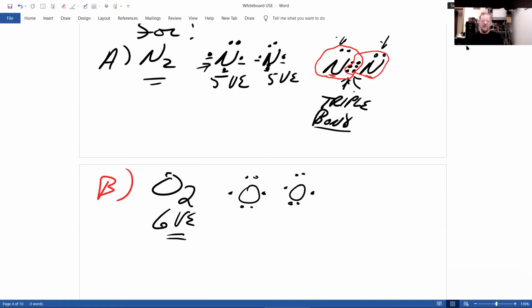And now this oxygen says, oh, look, I have 1, 2 unpaired electrons, and you have 1, 2 unpaired electrons. Let's share. And they do. And it looks like this. The non-bonding electrons are still there.